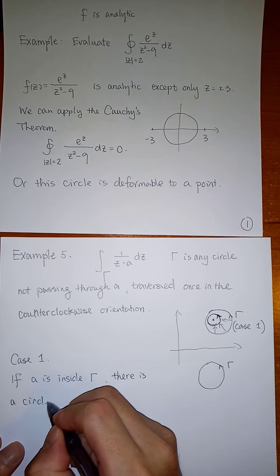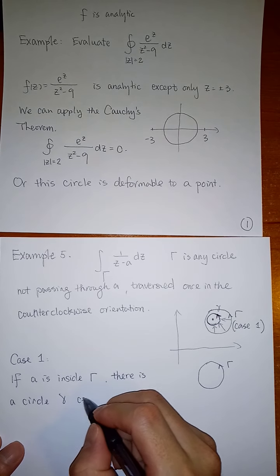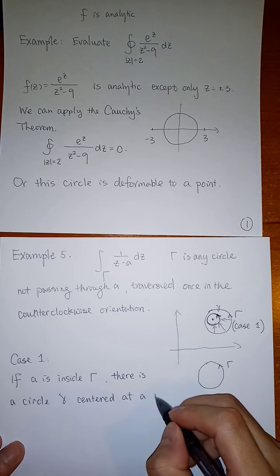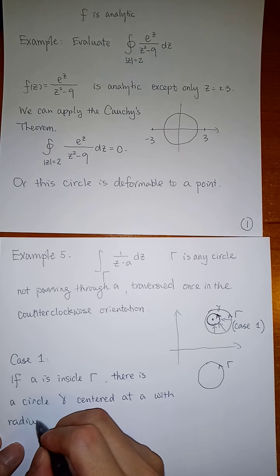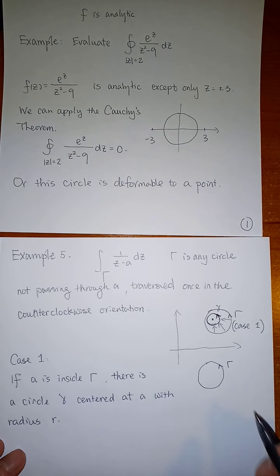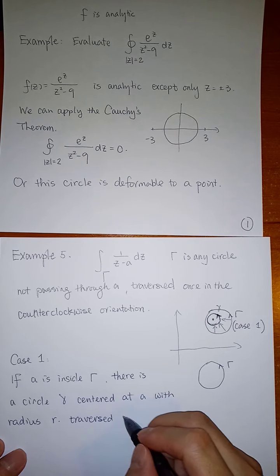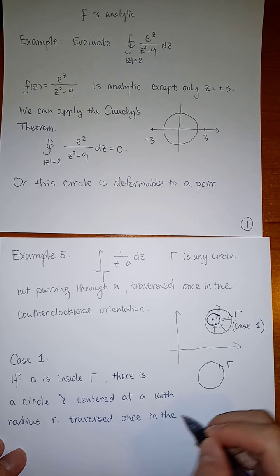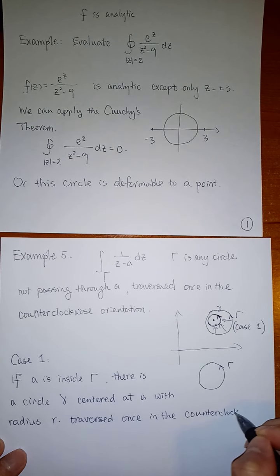Let's call it little gamma, centered at A with radius r, traversed once in the counterclockwise orientation.